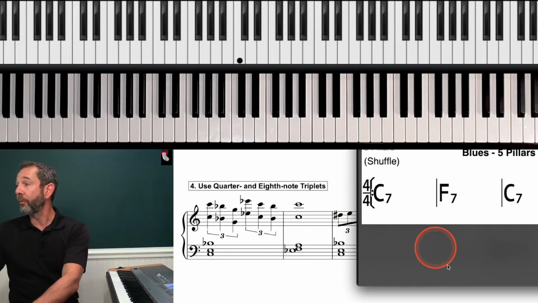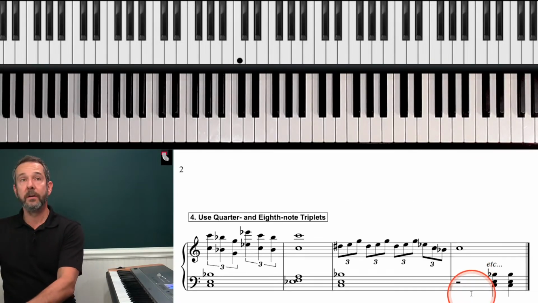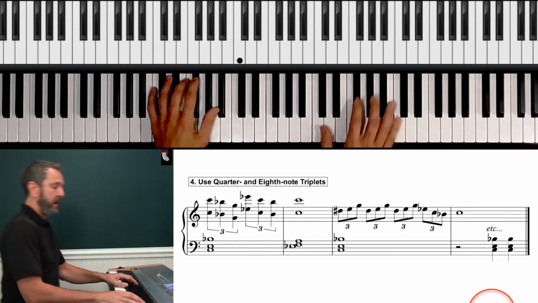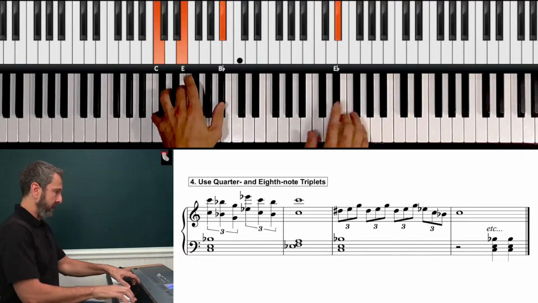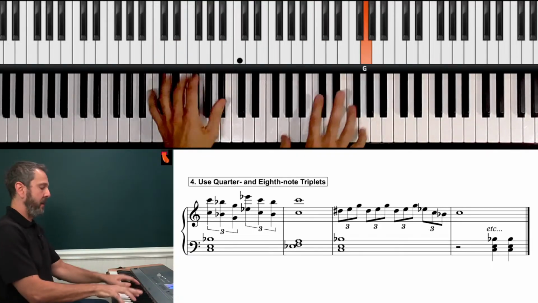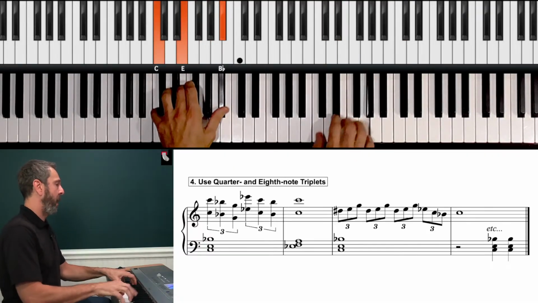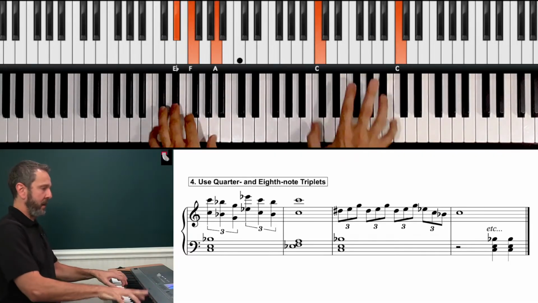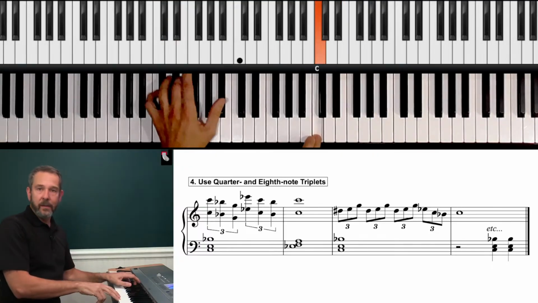Let's put on the iReal Pro and play with the backing track. Fix that. Okay. Changed a little bit.